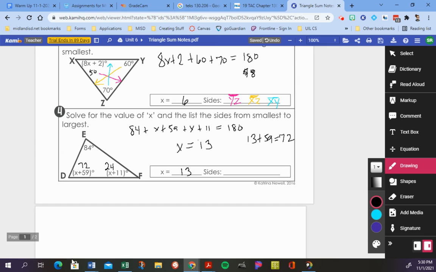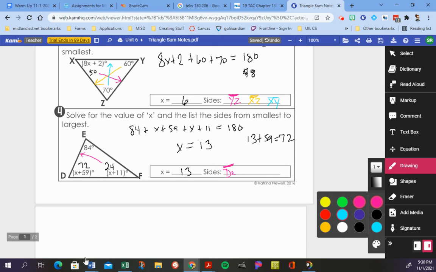All right, so now we start with the shortest side. That is 24, shortest angle, smallest angle. So that would be DE. Then we go to the middle, which is 72, which is EF.